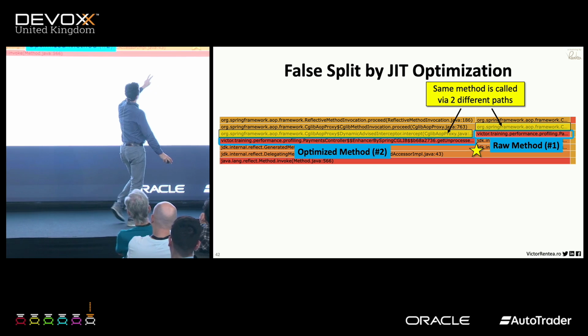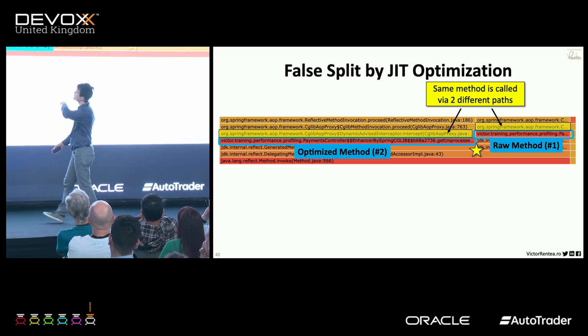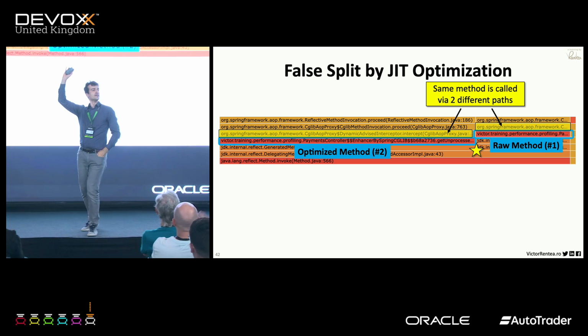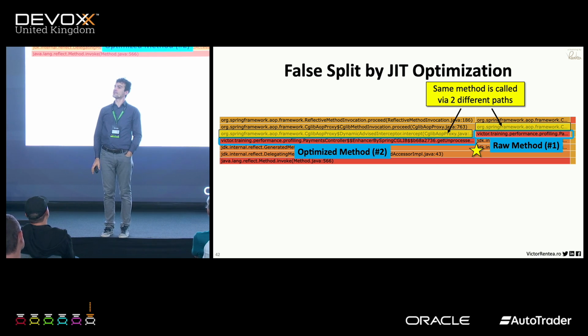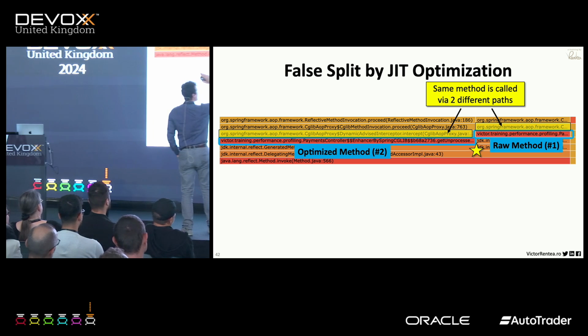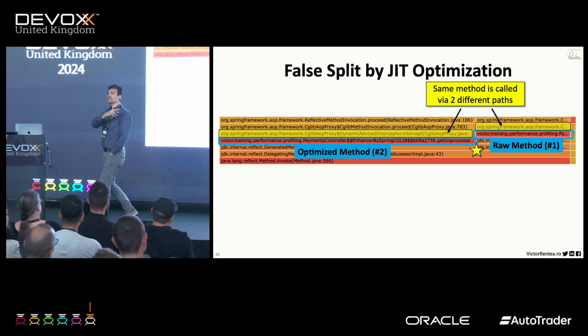We were lucky today, but have you ever heard of JIT before? JIT, the just-in-time compiler. It's what makes Java so fast after it starts. It optimizes the code on the fly, and this is JIT in action.